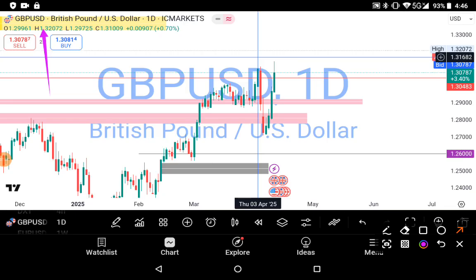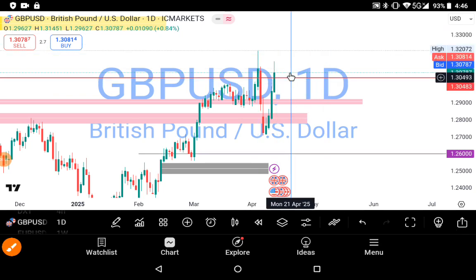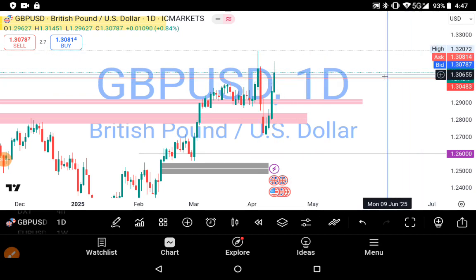So I'll be interested in 1.29 thousand and 1.28 thousand as well, as long as that eye is left open. But the moment we attack that eye, then I'll be going for 1.33 thousand.